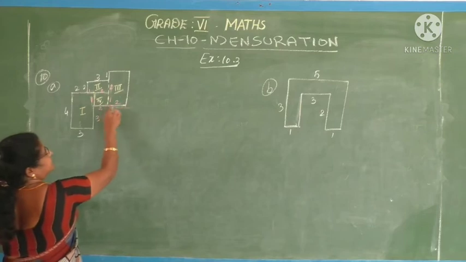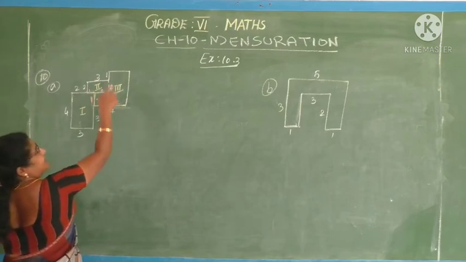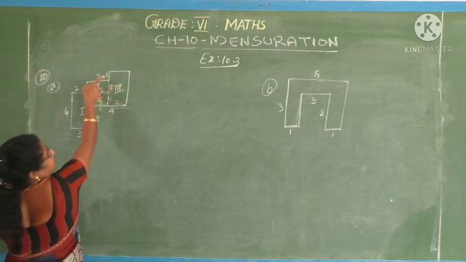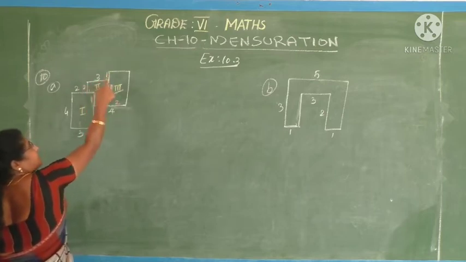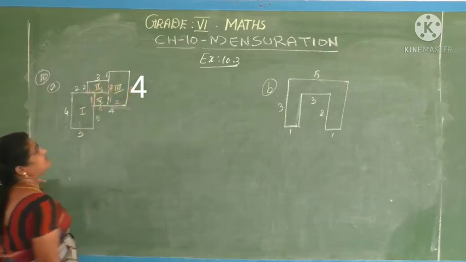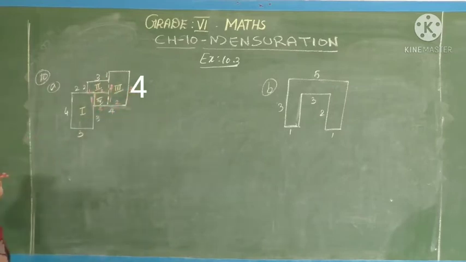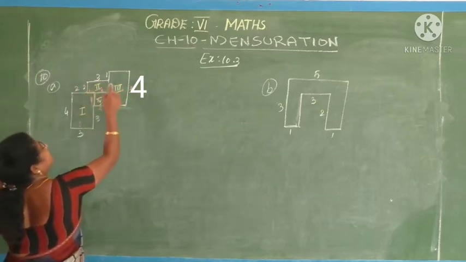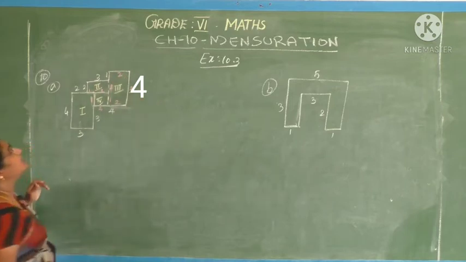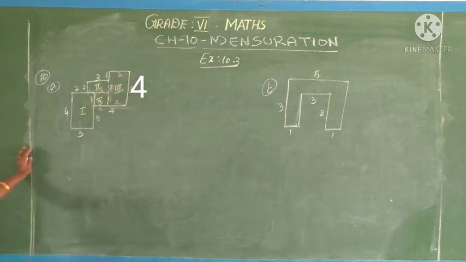Here we said the breadth is 2 centimeter. Length: this one 1, here 2 centimeter, 3 centimeter, 1. So overall 1 plus 2 plus 1, the total length of the rectangle is 4 centimeter. Next, the breadth of the rectangle. Here this is 4 centimeter, this 2 centimeter. Now this breadth is 2 centimeter.